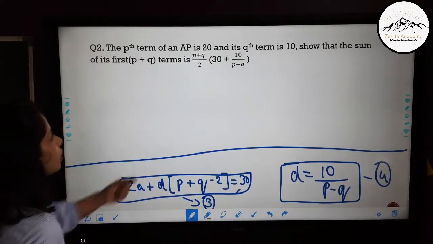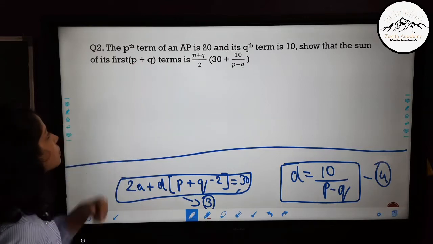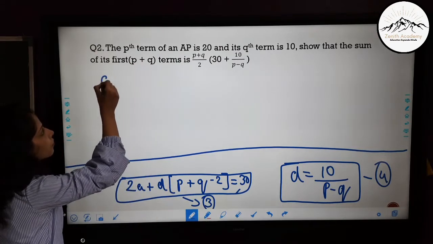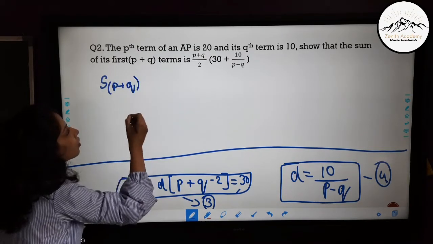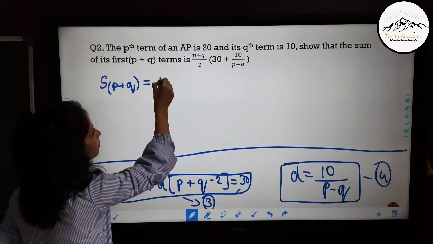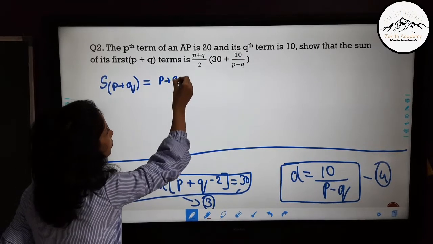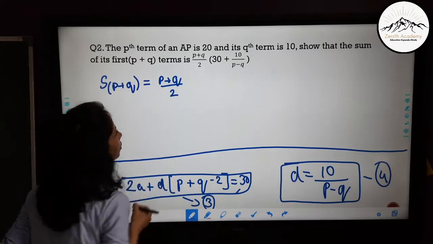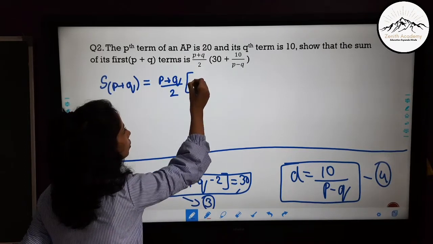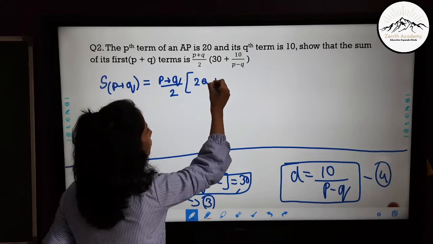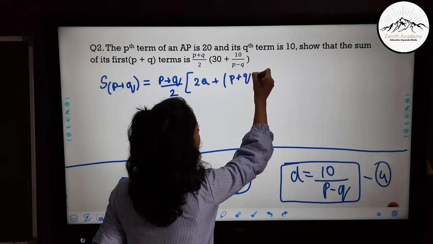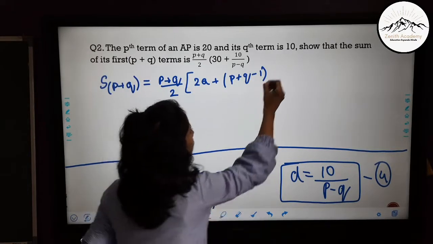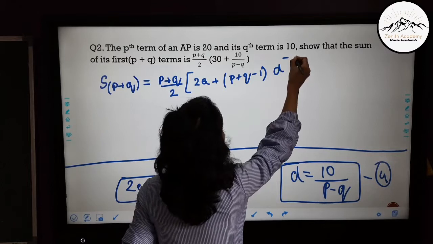Now, the sum of p plus q terms. We know how to write it. P plus q by 2 into 2a plus p plus q minus 1 into d.